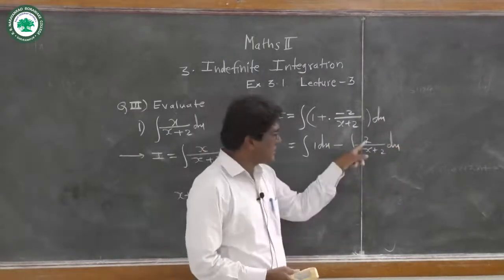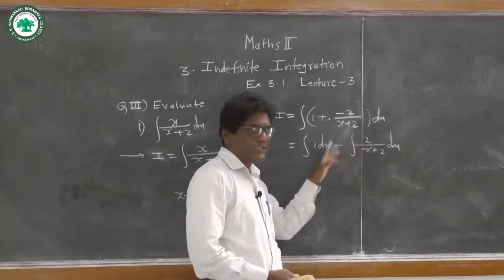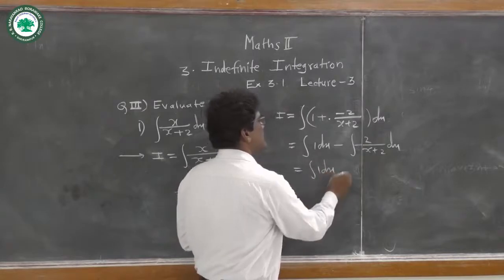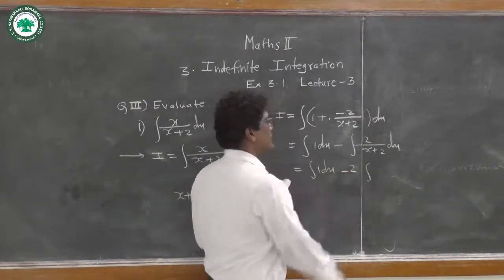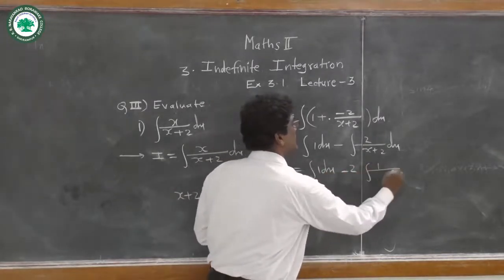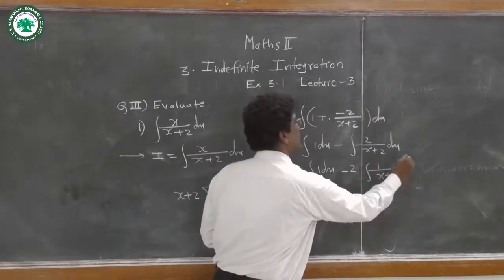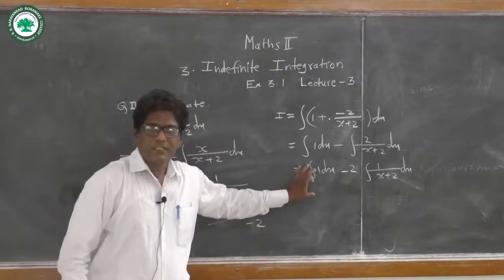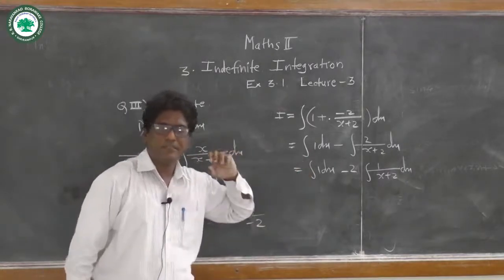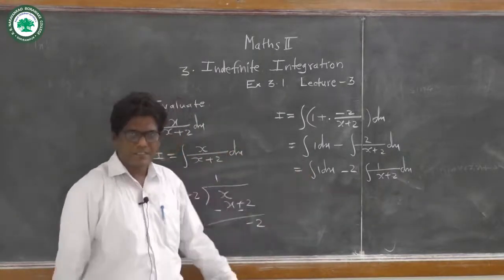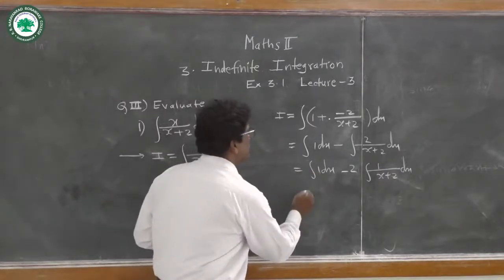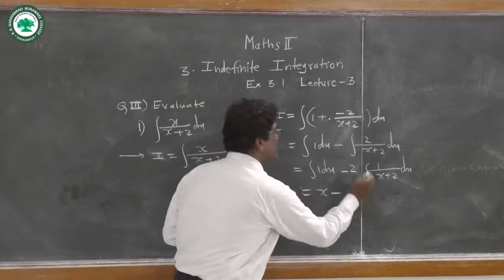Now this constant 2 we take outside of the integral, so we get integration of 1 dx minus 2 into integration of 1 upon x plus 2 dx. Now what is the integration of 1 dx? 1 is the derivative of x, therefore the integration of 1 is x, minus 2.